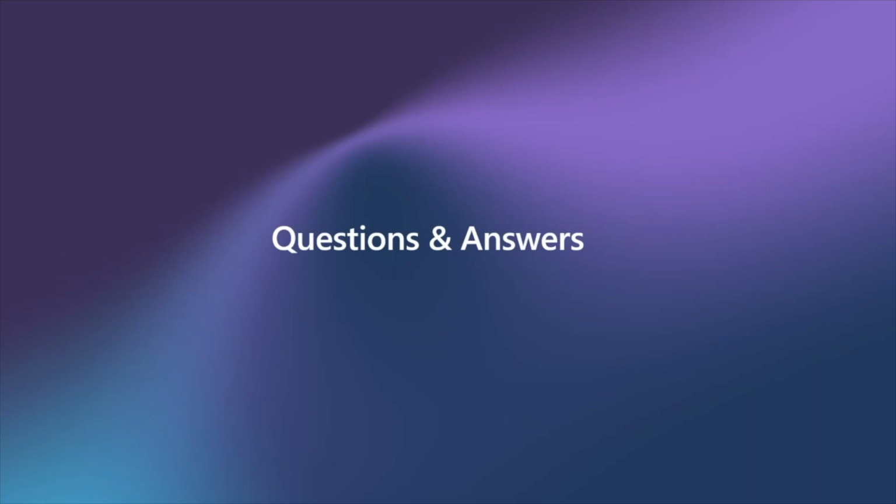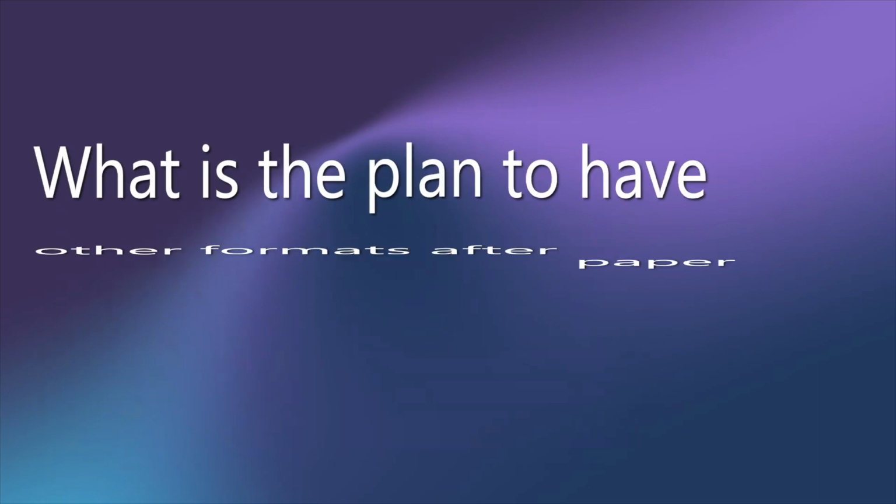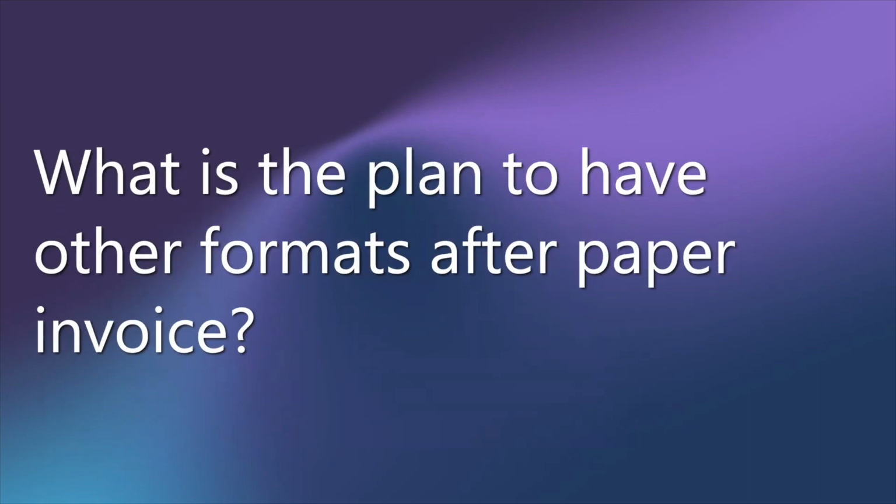There is one question regarding when there is a plan to support other formats after paper invoices. I think I mentioned at the beginning of the presentation that we will support e-invoice in our roadmap, but we haven't had concrete research or design on this.